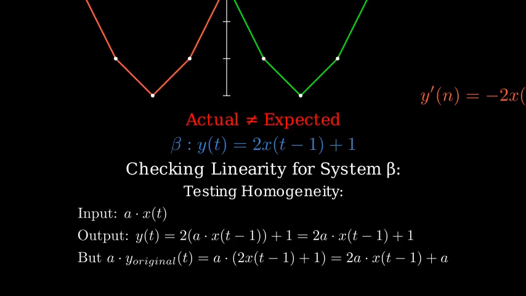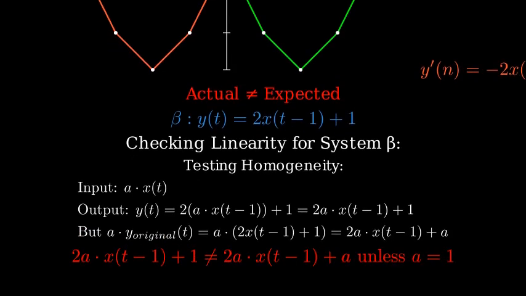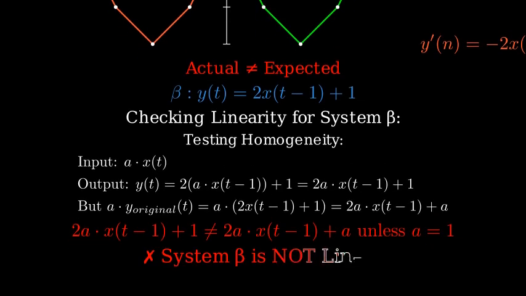If we scale the input by a, the output becomes 2 times a times x of t minus 1 plus 1, while a times the original output would be a times 2 times x of t minus 1 plus 1, which equals 2 times a times x of t minus 1 plus a. These are only equal if a is 1, which means homogeneity is not satisfied. Since homogeneity is not satisfied, system beta is not linear.